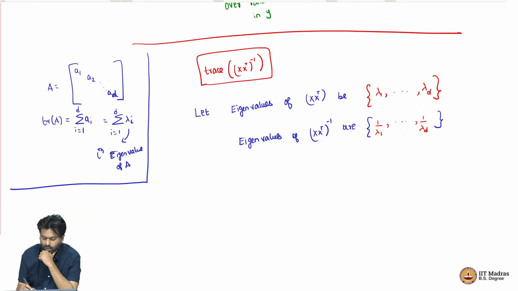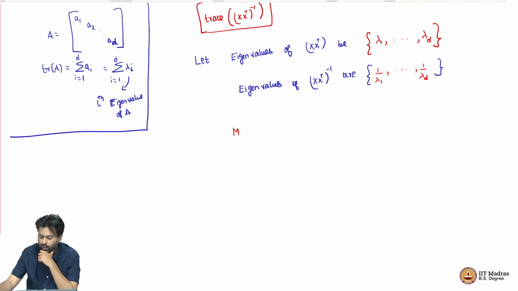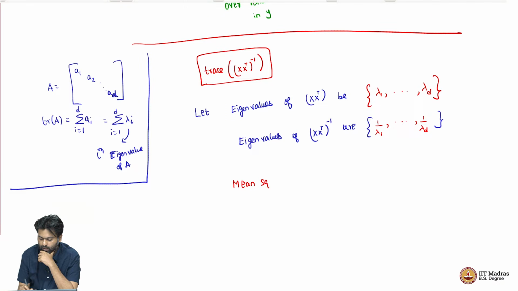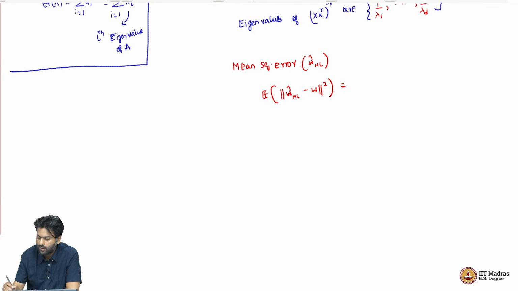Which means that the mean squared error, the average squared deviation between our estimator and the truth, of w hat ml, which is the expected value of the squared norm of the difference between w hat ml and w, can now be written as sigma squared times the sum over i equals 1 to d of 1 by lambda i.